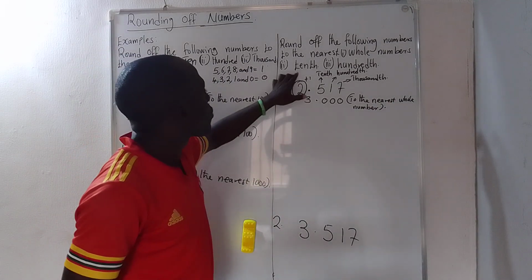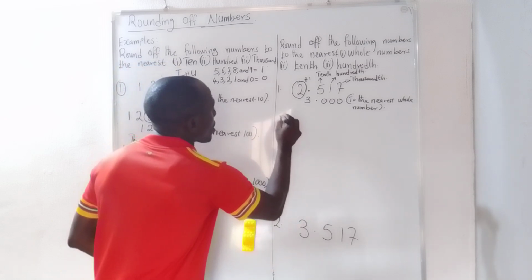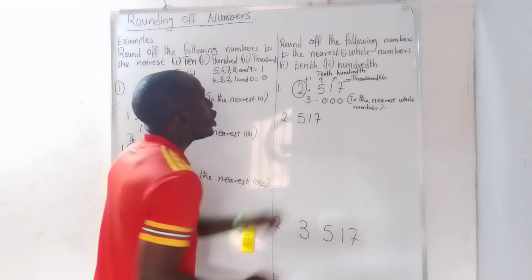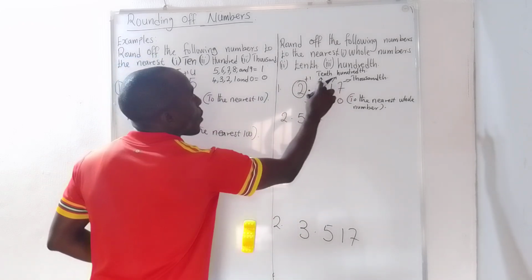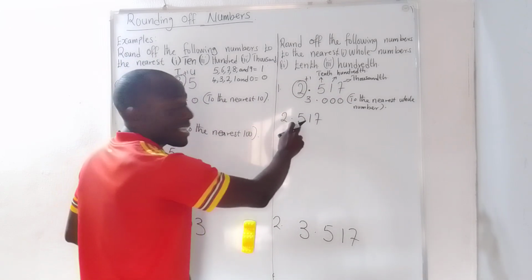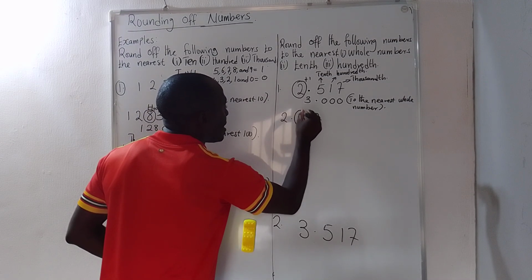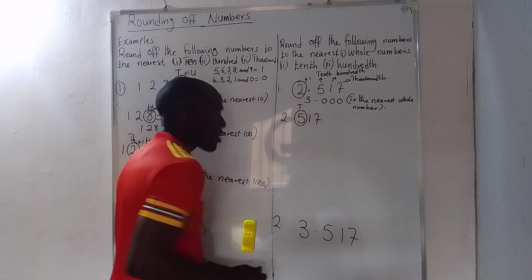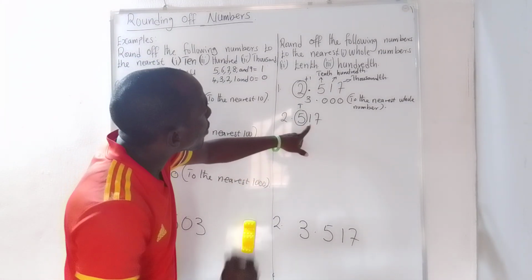Now, the next part of the question says to the nearest tenth. I would like to repeat my question: 2.517, to the nearest tenth. Where is my tenth? I've labeled it before. The first number is labeled as tenth. So to the nearest tenth, I will circle that number. Now, you're stopping here. Look at the number on your right-hand side.